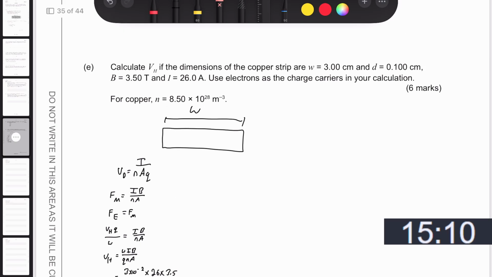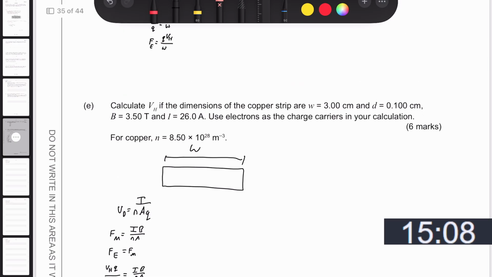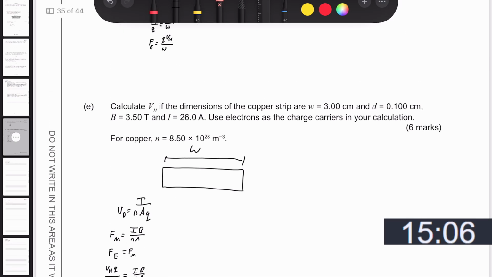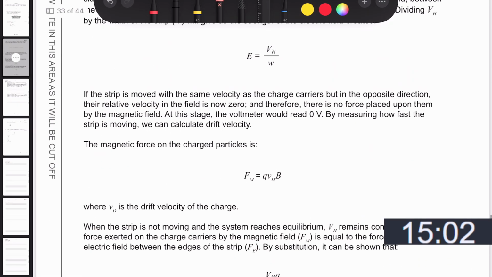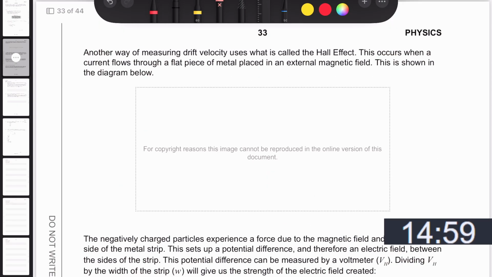Cross-sectional area. Copper strip, copper strip. Oh, I bet D is shown here, isn't it? Oh my god. Wait, not found.